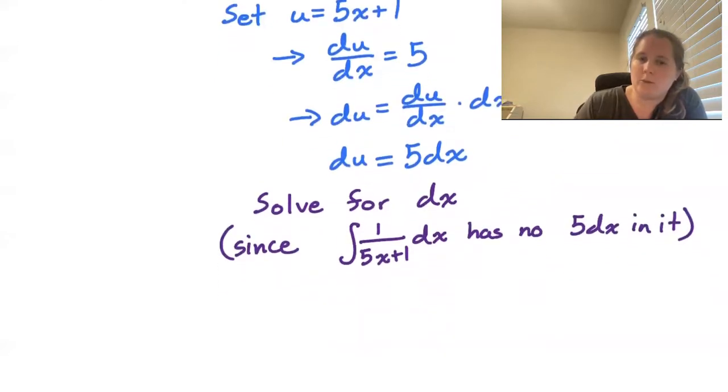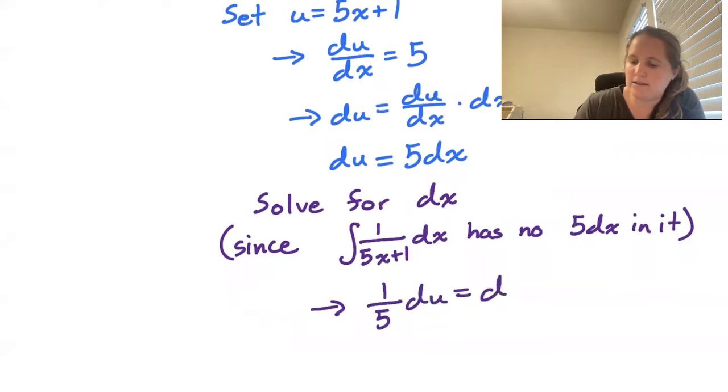It just has dx. So if we solve for dx, what we wind up getting is that 1/5 du is the same thing as dx.